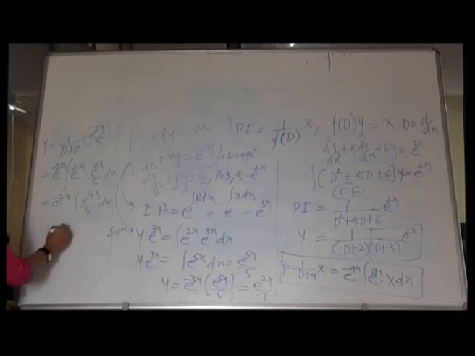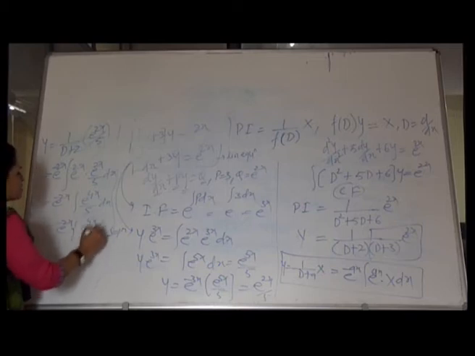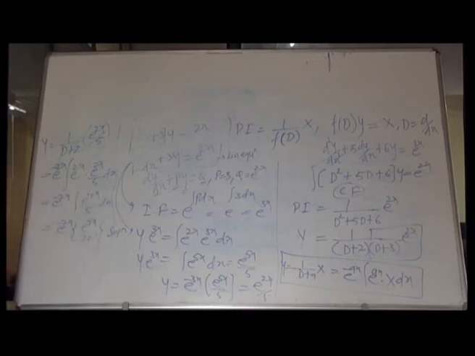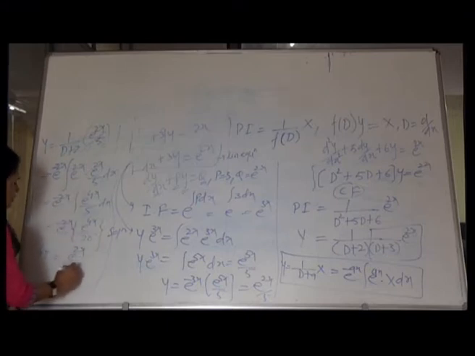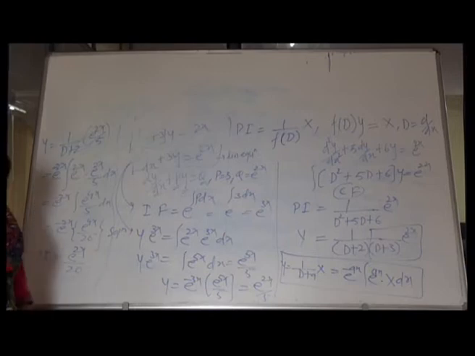And what is that answer? E raised to minus 2x into e raised to 4x divided by, is it not 5 into 4, which gives you 20? And the final answer for PI would be e raised to 4x minus 2x, the addition of indices, which gives us e raised to 2x divided by 20.